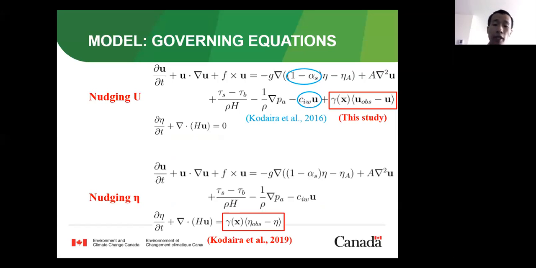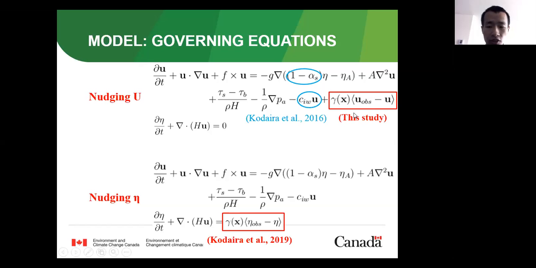And in this study, we add the tidal nudging term on the right side of the momentum equation. And here, the gamma is the nudging coefficient. You can see it controls the strength of the nudging, and it can be spatially varying. And the angle brackets denote the tidal filter. And the observed value comes from the TPX-08 data.